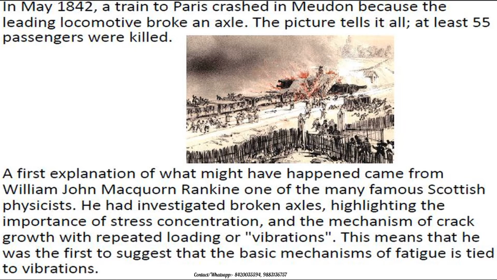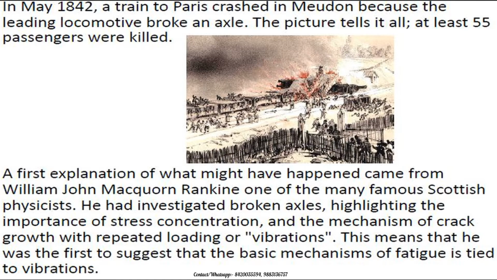Now as you can see, as per history, in May 1982 there was a train crash in Paris due to the axle of the locomotive, that is the engine part, breaking down.